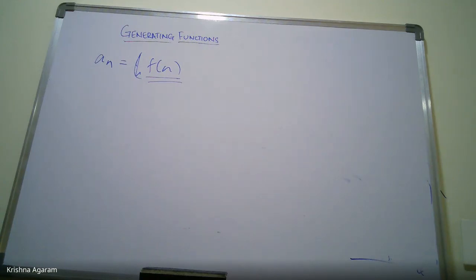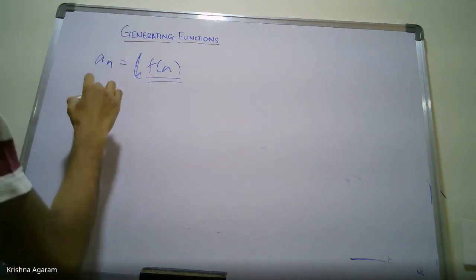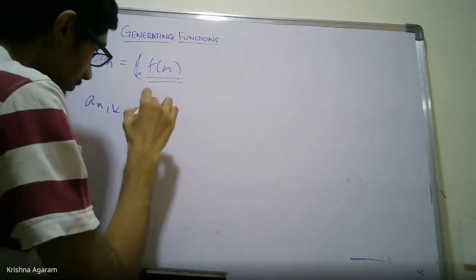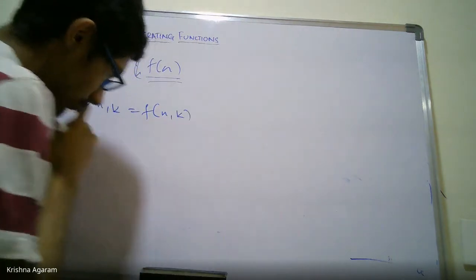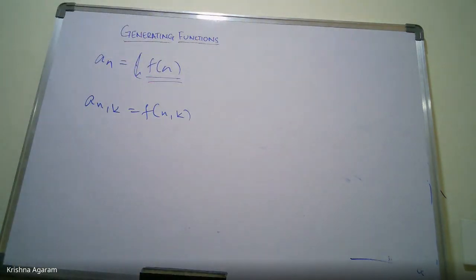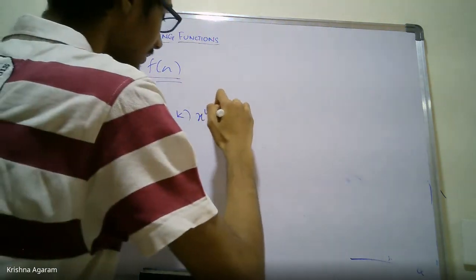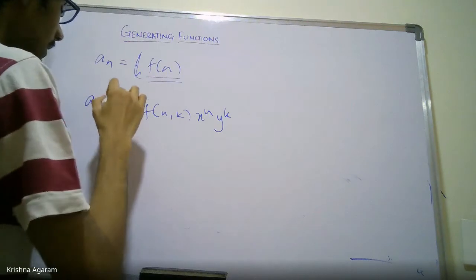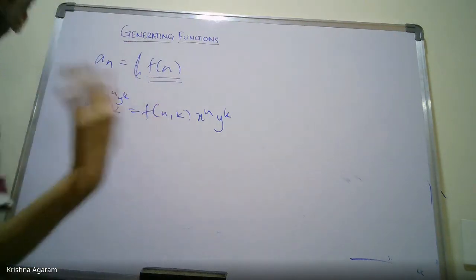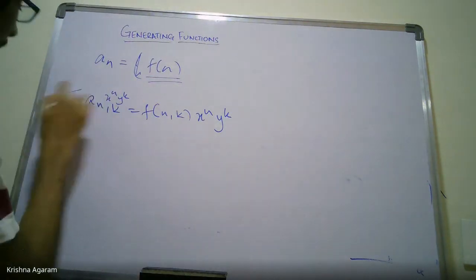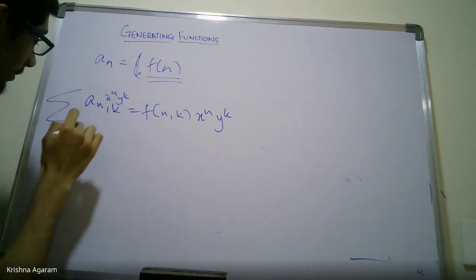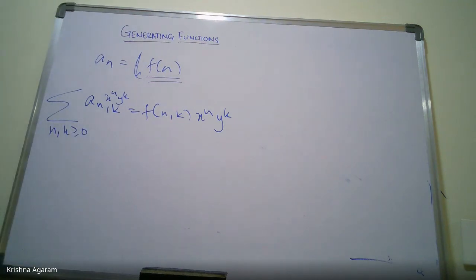But now, suppose you had stuff which depended on two things, and you want this explicitly for a fixed n and a fixed k. What you do is take this generating function, where x and y are now different placeholders, and you sum over n and k greater than or equal to 0. It's like a double summation, right?